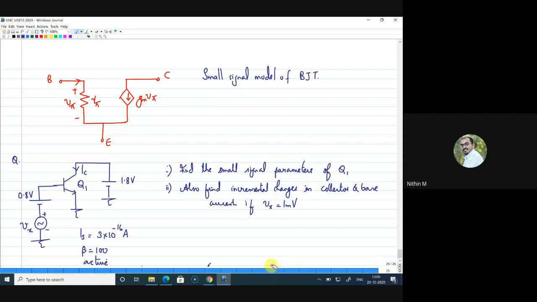That means initially you have to find the small signal parameters, and then you can find the incremental changes in the current when there is an incremental change in voltage Vx, when your Vx is 1 millivolt.